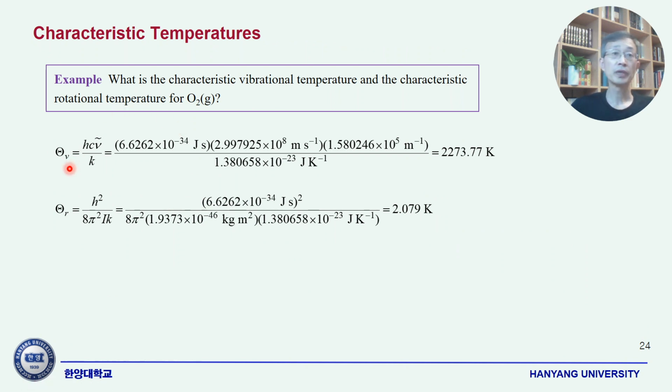Now we are going to obtain the vibrational characteristic temperature and rotational characteristic temperature for the oxygen molecule in gas phase. The difference is that we use just the oxygen's molecular property. So the vibrational characteristic temperature is hcν̃ over k.